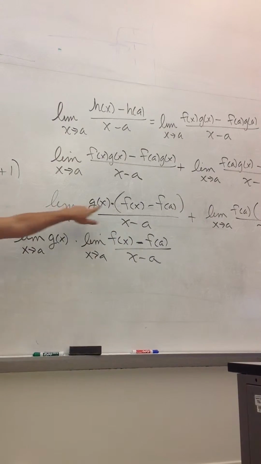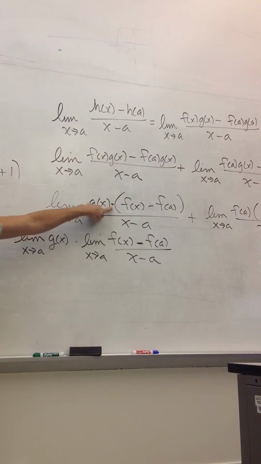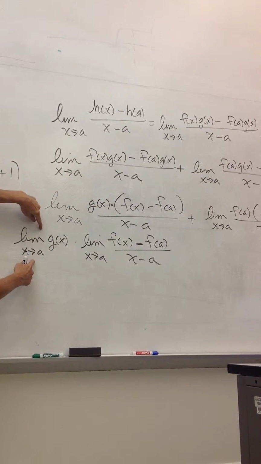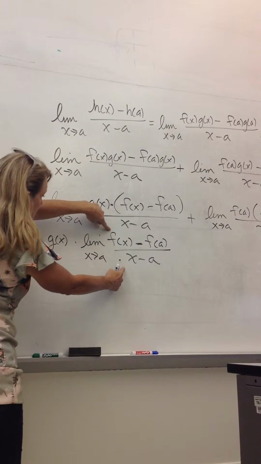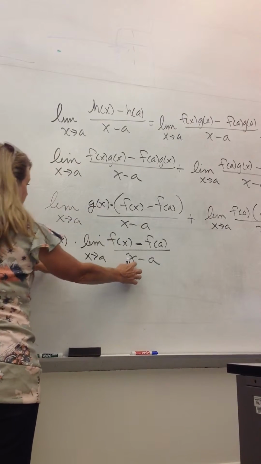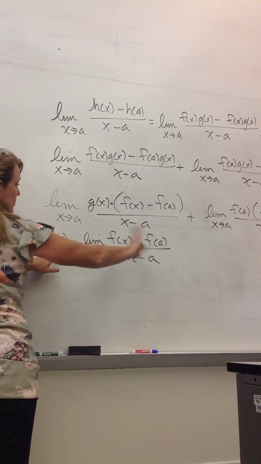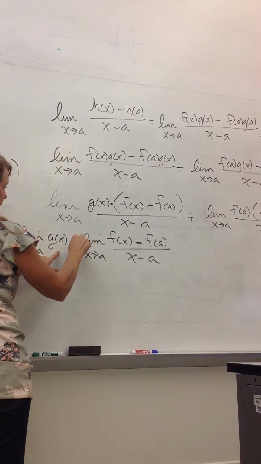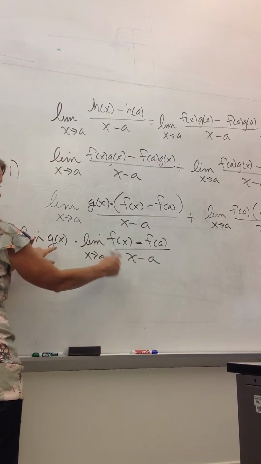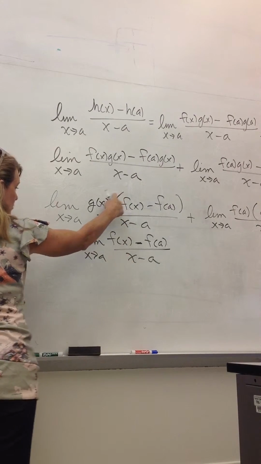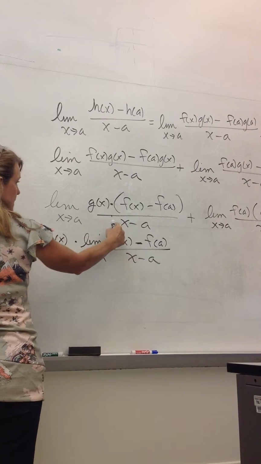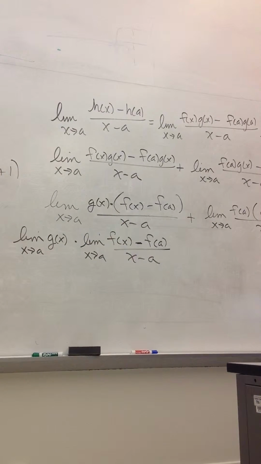On this one, there's a product here, so I'm rewriting it as the limit of the first factor times the limit of the second factor. Notice now the x minus a is only under that one term, because I'm multiplying. So this times that is still my numerator, 1 times x minus a is still my denominator.